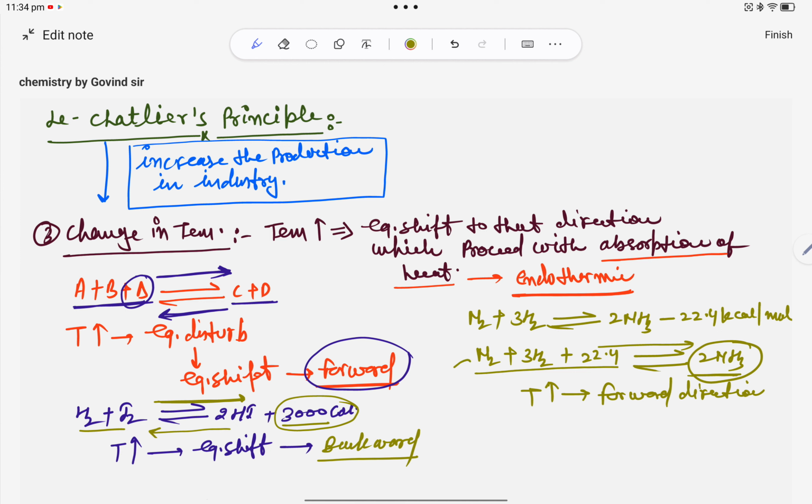So in this process heat is absorbed, it is an endothermic reaction. Got it?